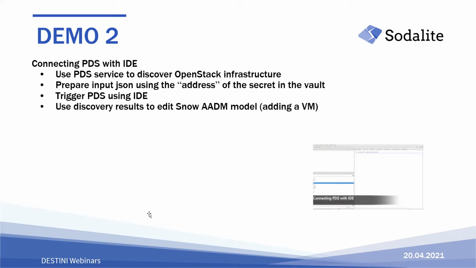We can trigger the platform discovery service using the ID. The populated knowledge about the resources can be used to modify an existing abstract application deployment model. Here AADM means abstract application deployment model, the deployment model created by the Sodalite ID.